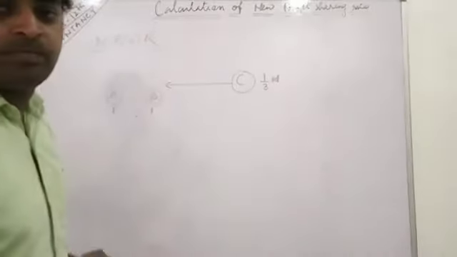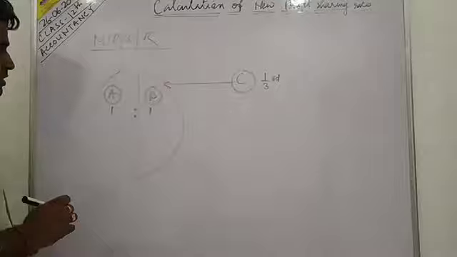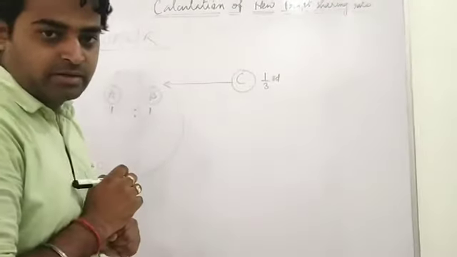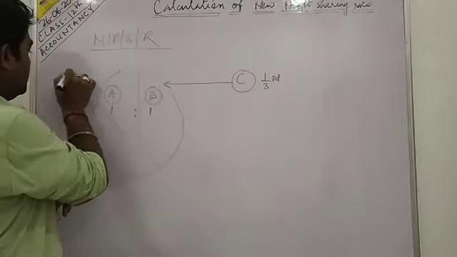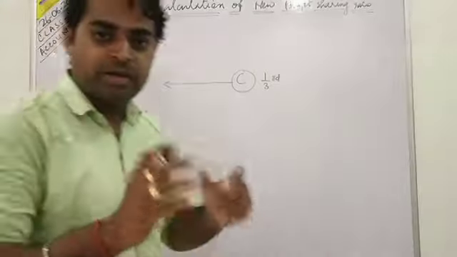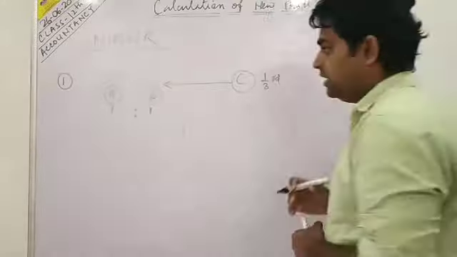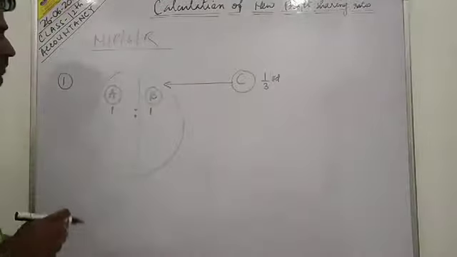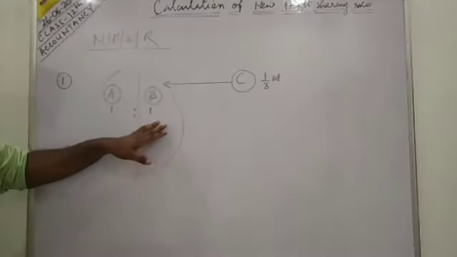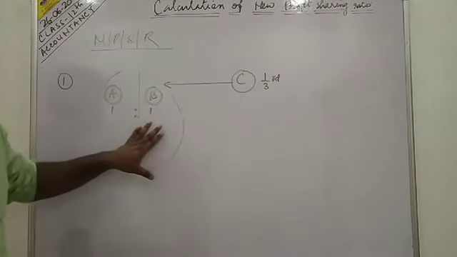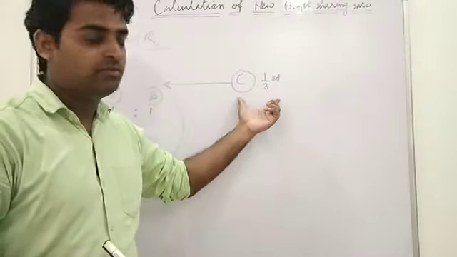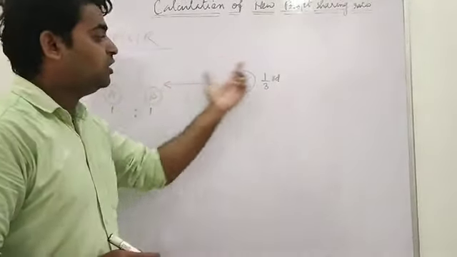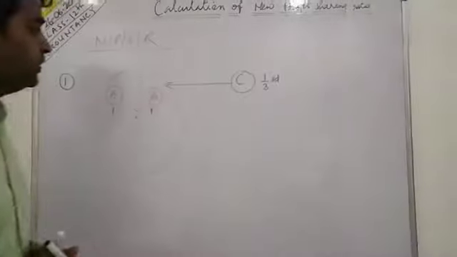If this type of question is given in the book or in your exam, how will we solve it? If A and B are two partners sharing 1:1, and C comes in for 1/3, what will be the new ratio?